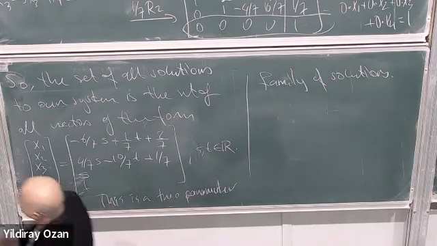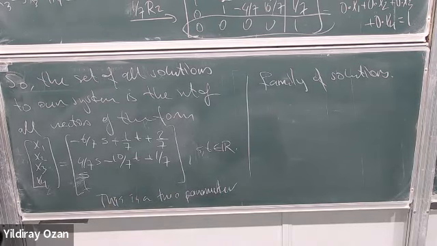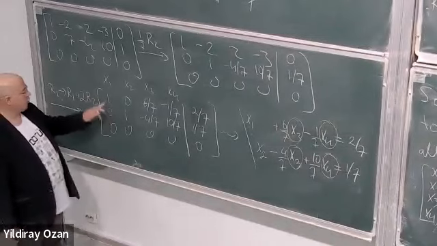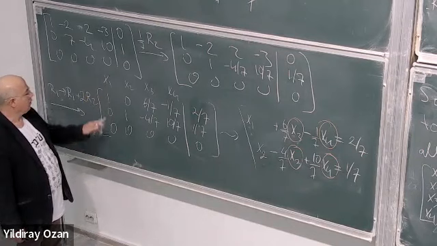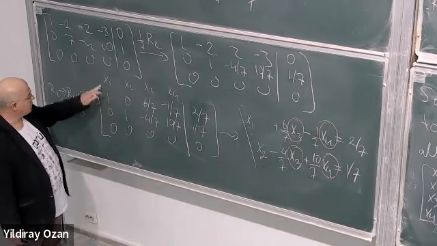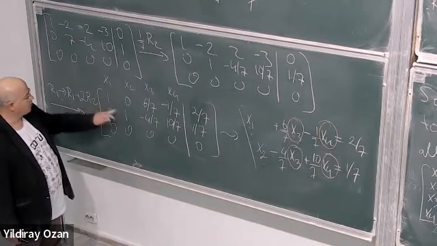I mean, how do we know that we have a two parameter family of solutions? Here, you have what we call pivot elements, this one and this one.